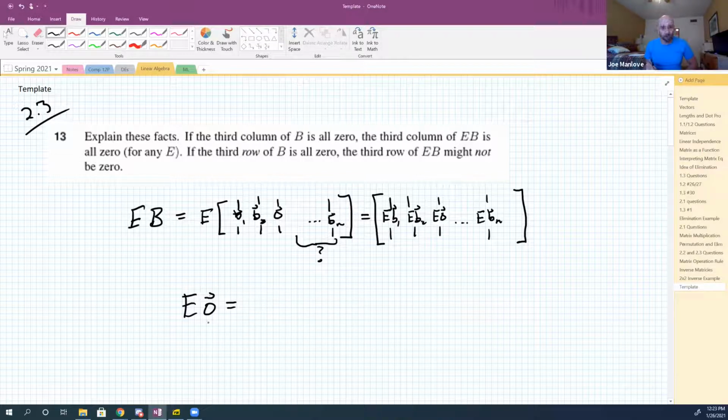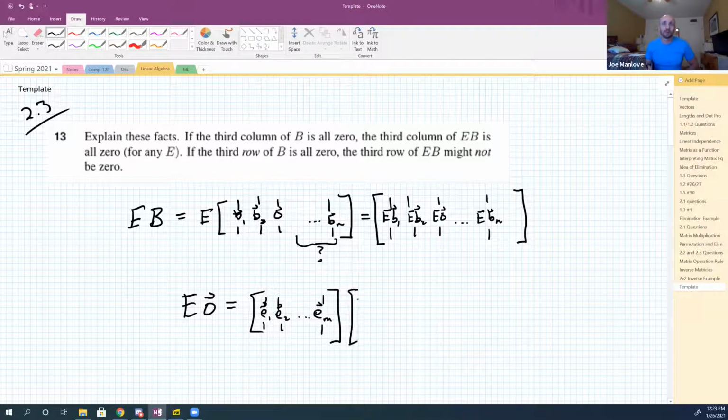So column picture would tell me that all the entries in the zero vector are the scalar zero, right? So I have a matrix E that has columns like E1, E2, up to Em, I guess. This is crappy notation, but whatever. You guys with me on that?